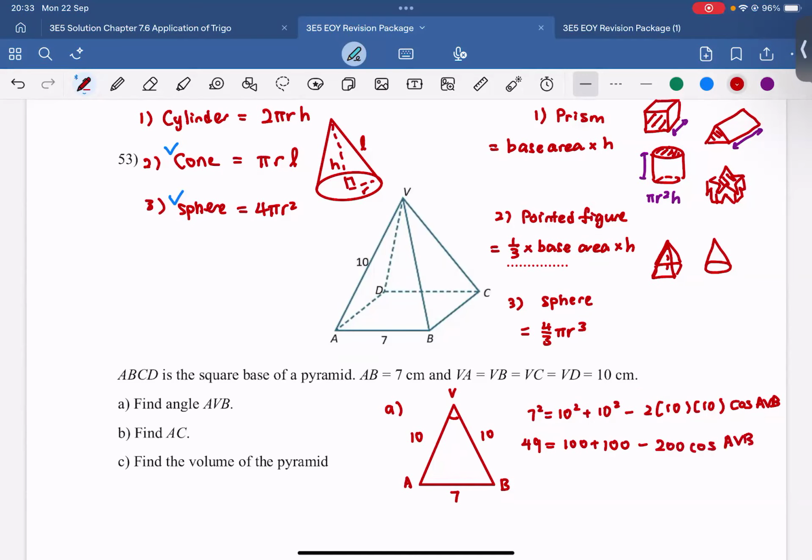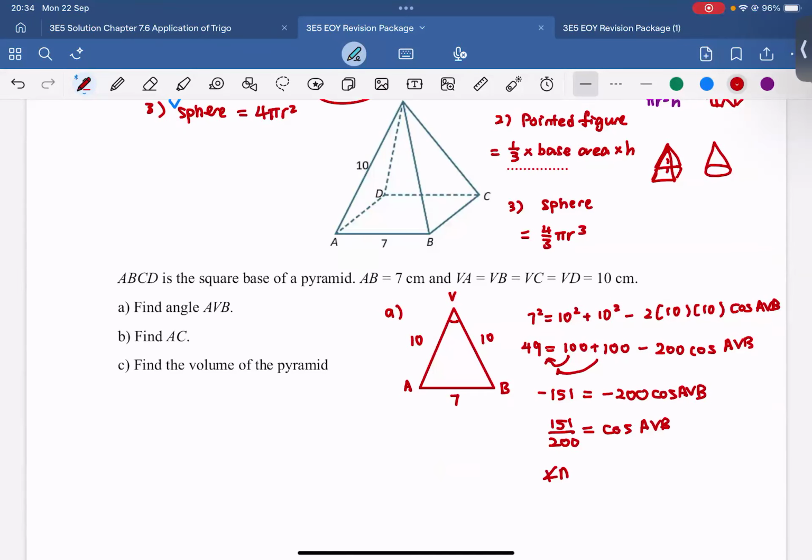We bring this 200 cosine AVB to the other side first. So 49 minus 200 is minus 151, equals to this. After that, we divide by negative 200. You get 151 over 200. And to find AVB, we do cosine inverse.